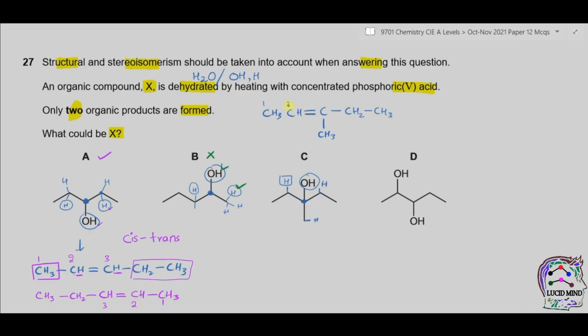Now the double bond is in between second and third carbon atom, and we have hydrogen and CH3 on one side and CH3 on the other side, so therefore this will show cis and trans. So two products are formed. Now if we remove this hydrogen atom along with OH, then the product will be like this: CH3, CH2, then we have this carbon atom, and it will form double bond with the substituent, then CH2 and CH3.